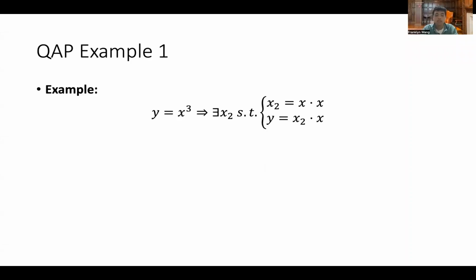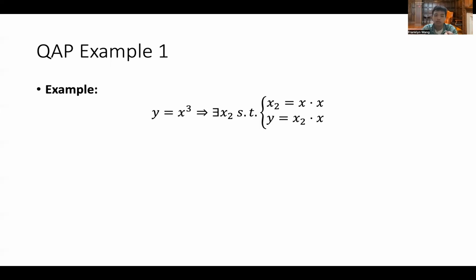So now let me give some examples of QAPs. This is a relatively simple one, but the statement y equals x cubed is equivalent to the statement that there exists an x2 such that x2 equals x times x and y equals x2 times x. And the way you might prove this is by noting that if there exists an x2 so that x2 equals x times x, well then x2 is uniquely determined as being x times x and y must equal x cubed.